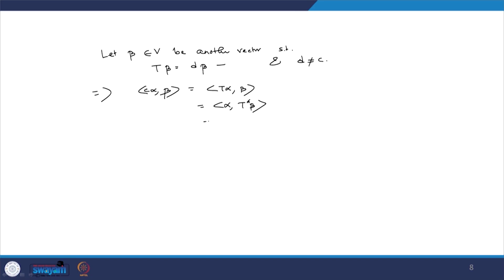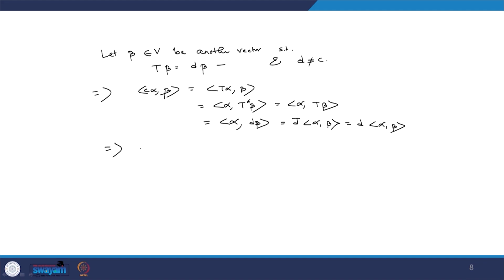So, this is equal to inner product of alpha and T beta. So, T beta equal to D beta, which is equal to D bar inner product of alpha beta, but we know D bar is also D because all eigenvalues are real.